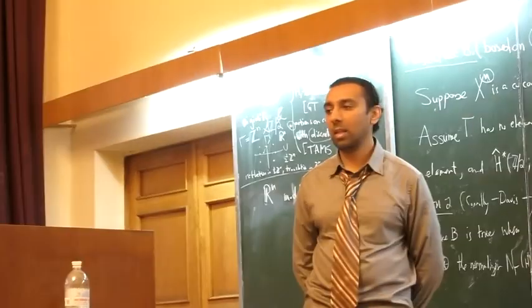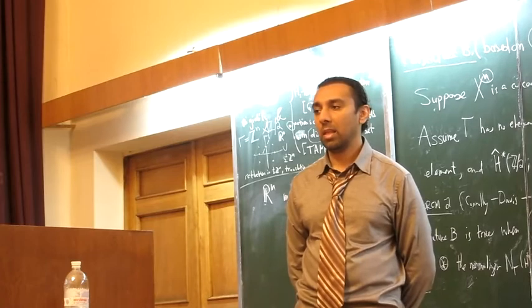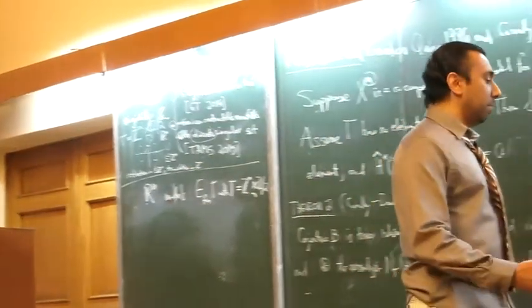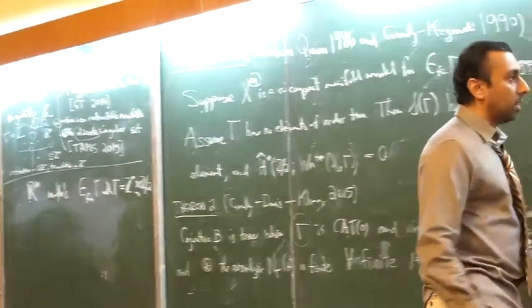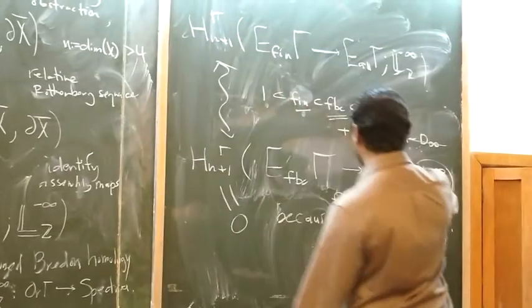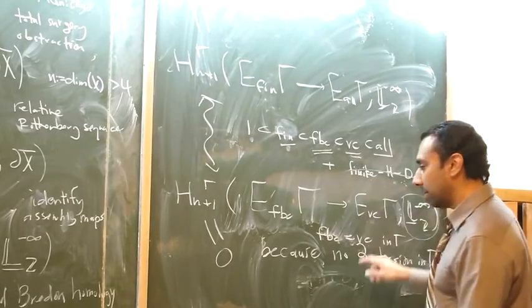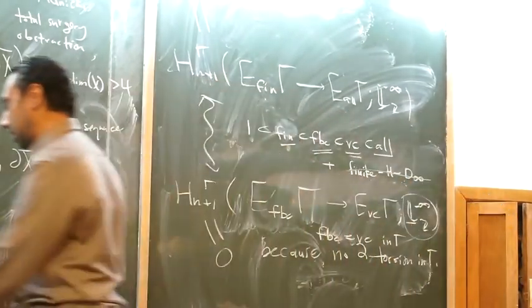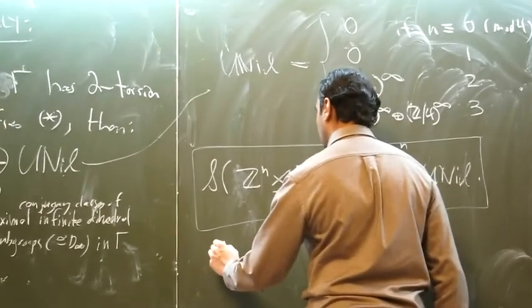Question: what do you mean by VC group? Yes, this is from before. This is the virtually cyclic groups. Is finite bicyclic a subgroup of virtually cyclic?